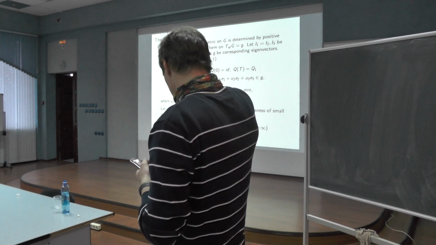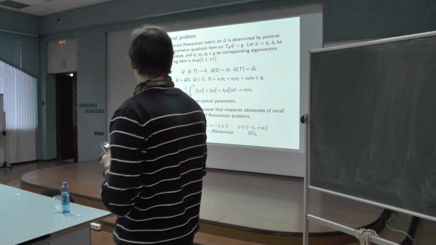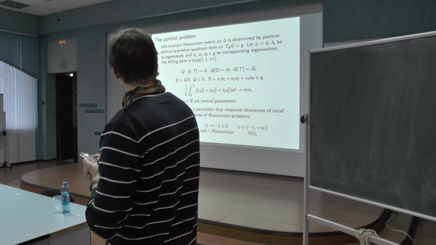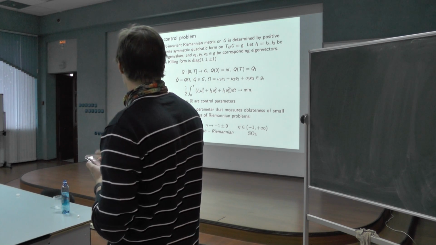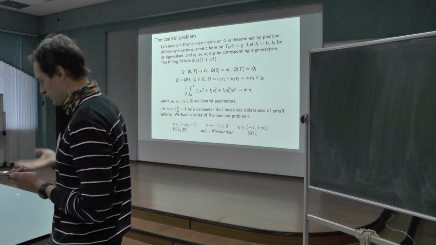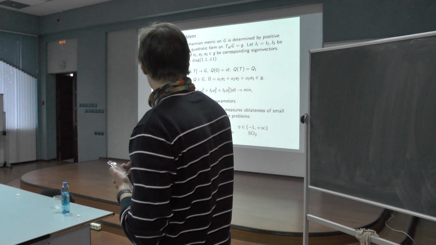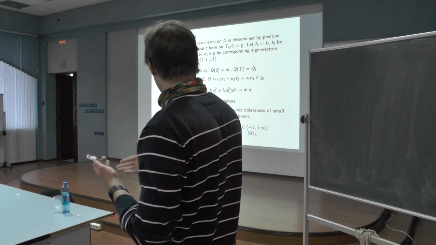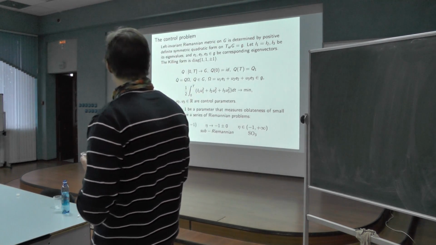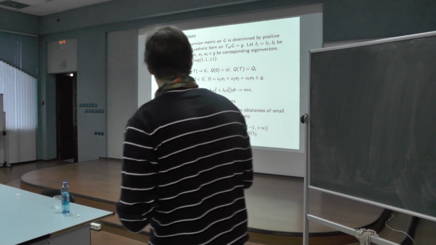And when eta tends to -1, it is equivalent to I3 tending to infinity. It means that it is very hard for us to move in the third direction. So in the limit we have the sub-Riemannian problem on the PSL2 group or on the SO3 group.